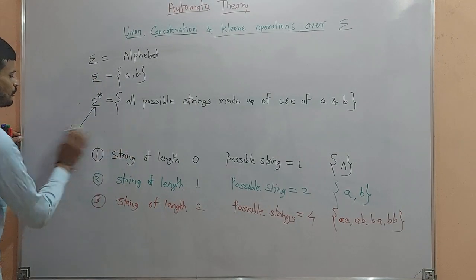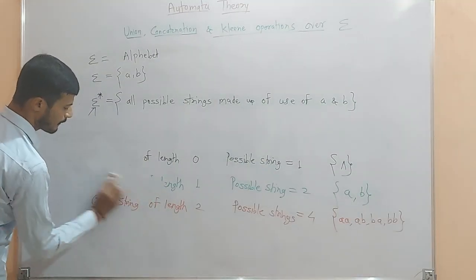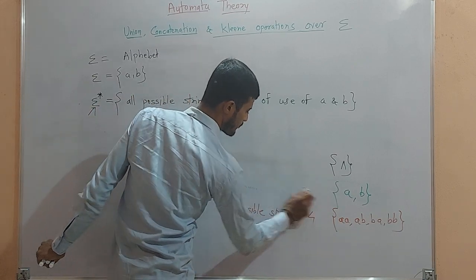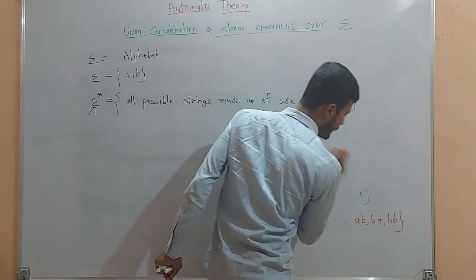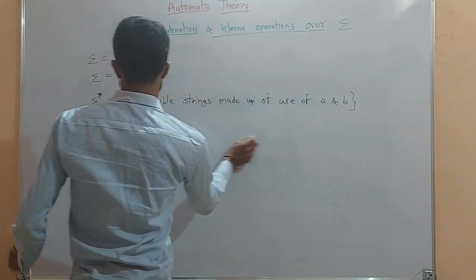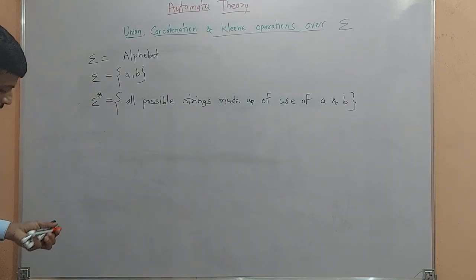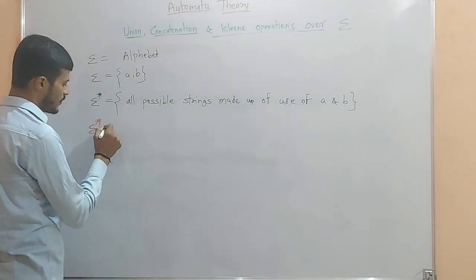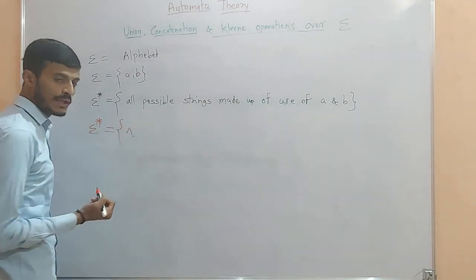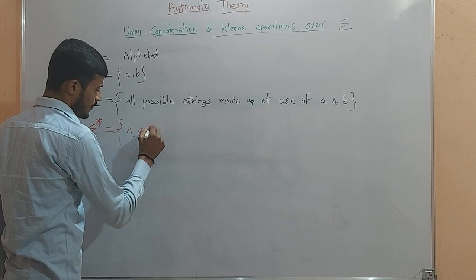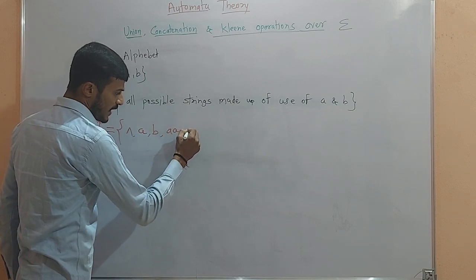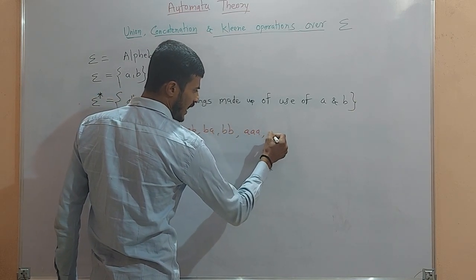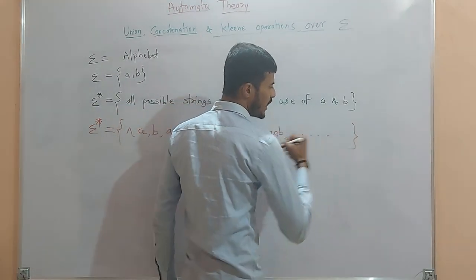So let us see the language sigma star. It will be: null, A, B, AA, AB, BA, BB, then AAA, then AAB, and onwards it will go up to infinity.